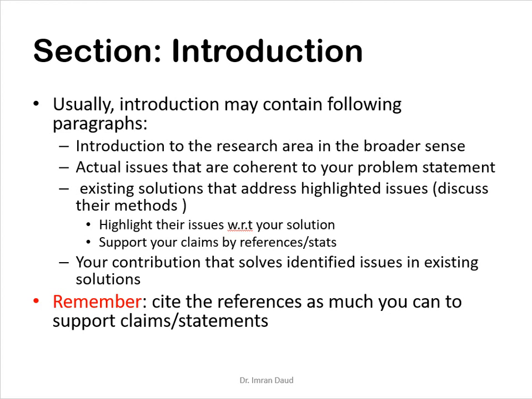Because it may get confusing, because when I will be discussing the related work section, there can be a question that if we are mentioning the existing literature in the introduction part, then it may be redundant to write about the existing literature in the introduction and in the related work section.